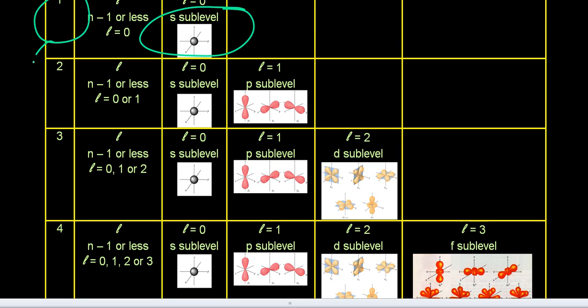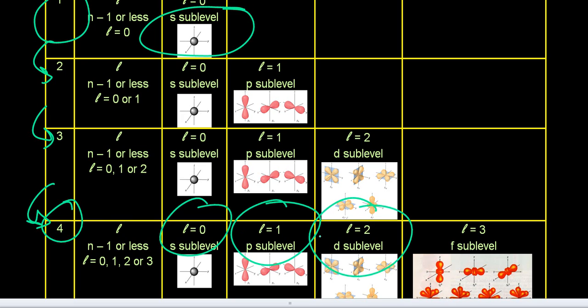However, as we go to energy level 2, energy level 3, energy level 4, we keep adding in one additional sublevel. Once we get to energy level 4, we have L equals 0 for the S sublevel, L equals 1 for the P sublevel, L equals 2 for the D sublevel, and then finally L equals 3 identifies the F sublevel for all the different regions where we can find electrons outside of an atom.